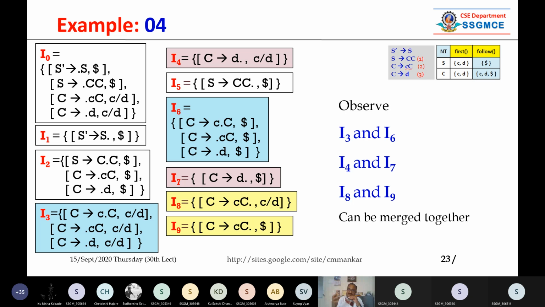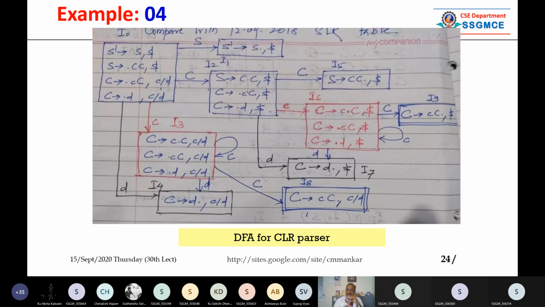So in this way, ultimately what we are doing is reducing the LR1 DFA. So let us see this. This is a diagram. I'm just showing you this, because you can draw it in this way also as per your comfort, but please make sure that your diagram shows correct arrow directions.